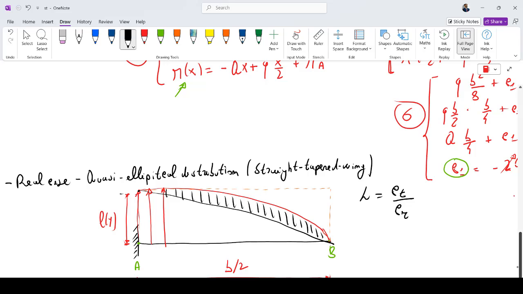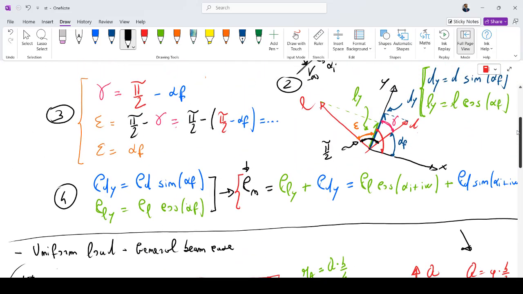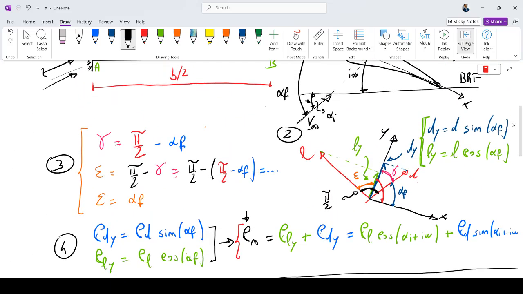So in the elliptical wing, we have the minimum induced drag possible. But in this case, we can refer to a certain software that calculates for us the distribution of CL. So all this discussion made before is now important, because we obtain the distribution of CL along the wing.